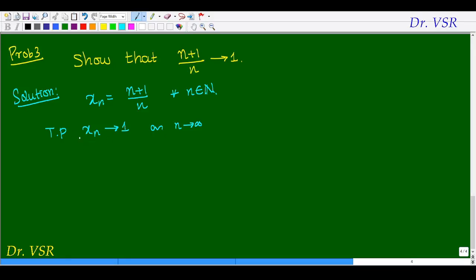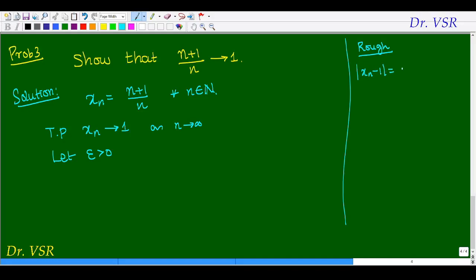Okay, then let epsilon be positive. Now this rough work: I'll take a rough. Modulus of x_n minus 1, I am going to calculate this.